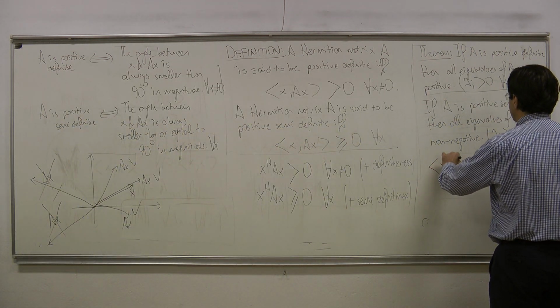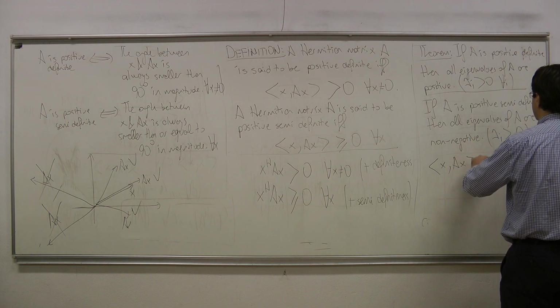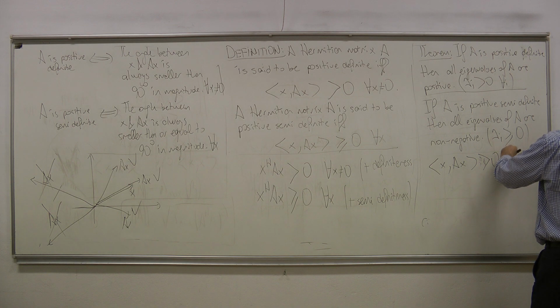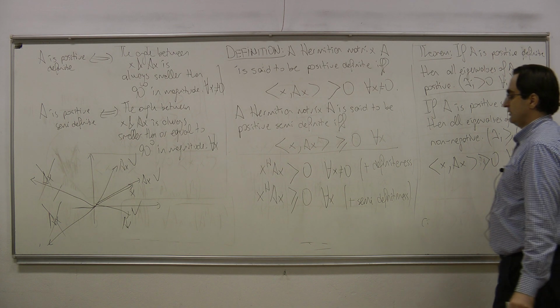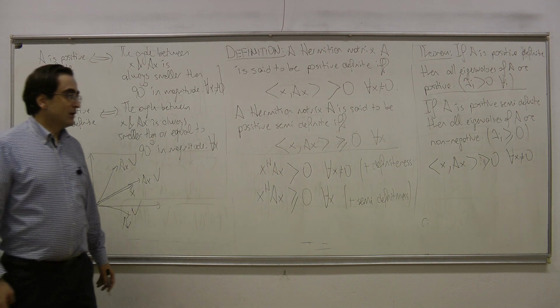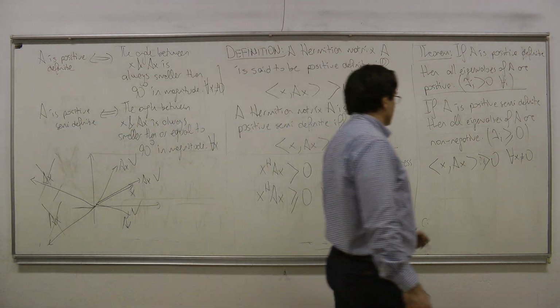So we know that x*Ax is positive for all non-zero x's. Okay? This is the definition of positive definiteness. And here is what I'm going to do.